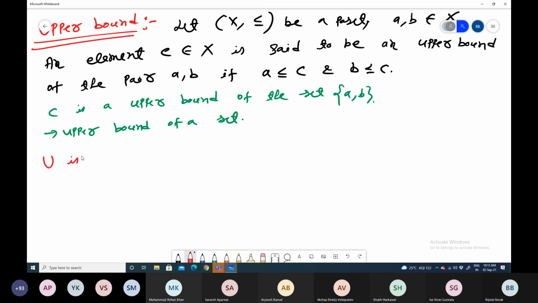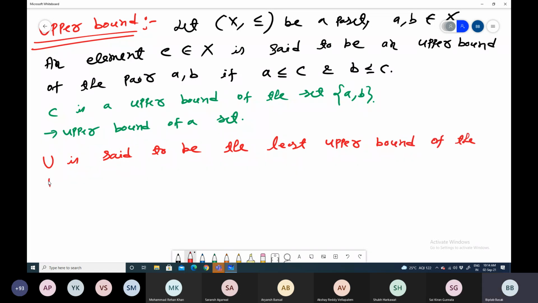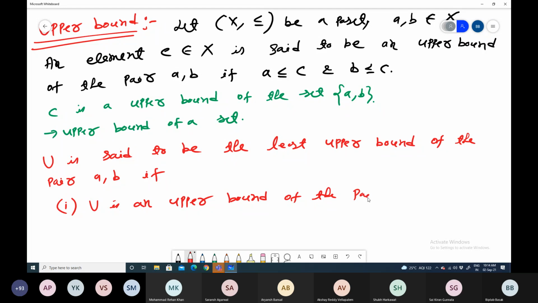So U is said to be the least upper bound of the pair A, B if, first of all, U is an upper bound of the pair A and B, and secondly, it is the least one.